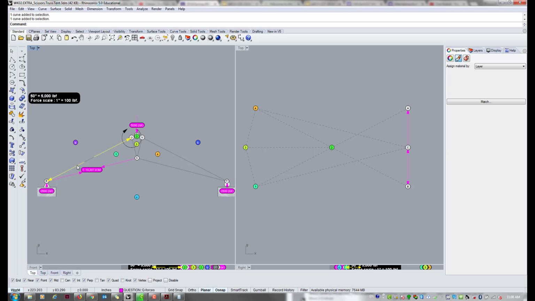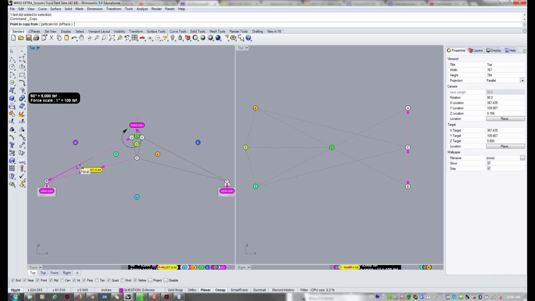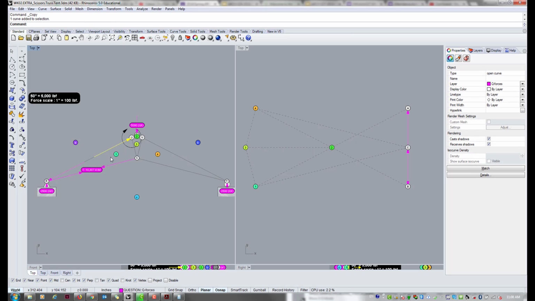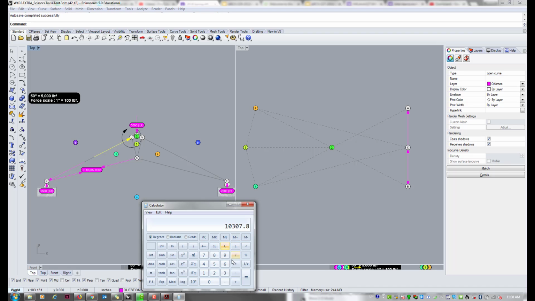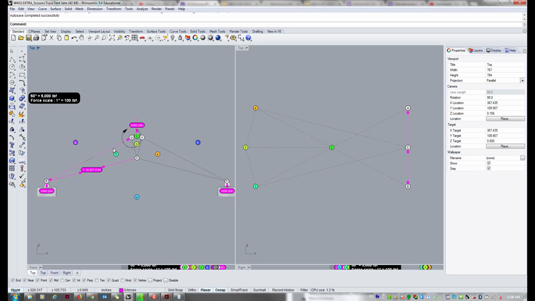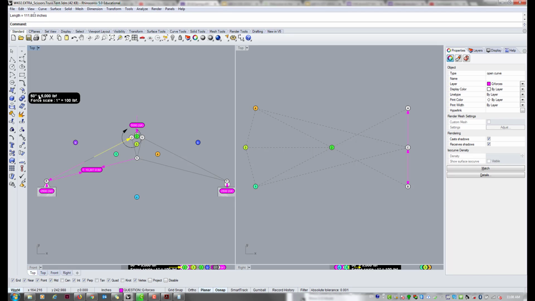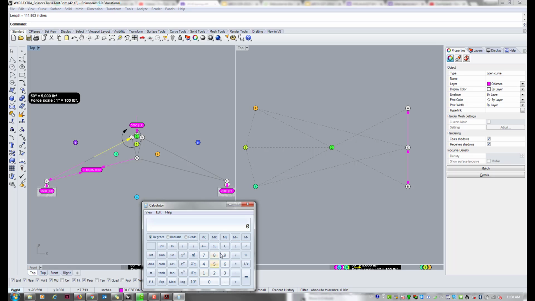So the internal force this is experiencing is a compression. And again, you can get the lengths and do the calculation. The length is 111.803 times 100. So that's how much force is in here.